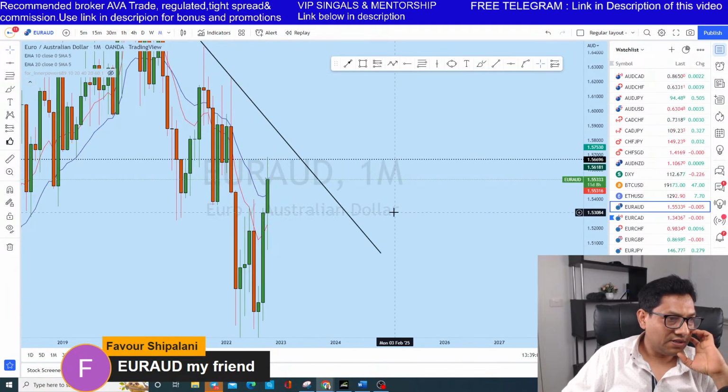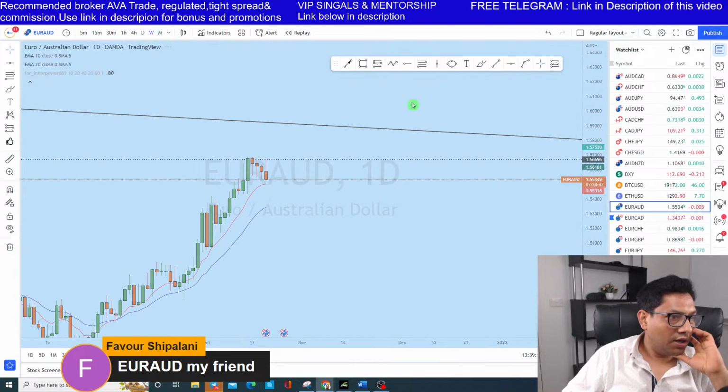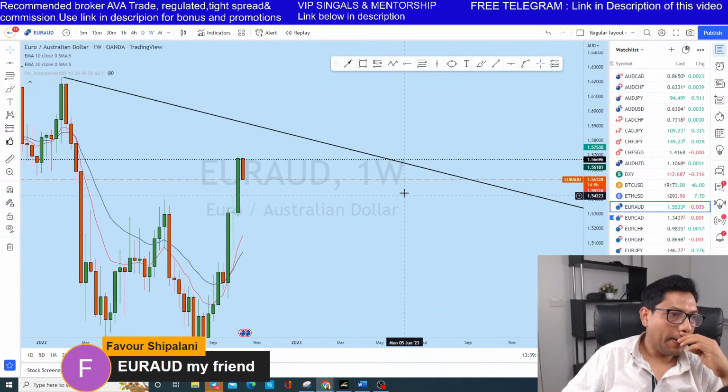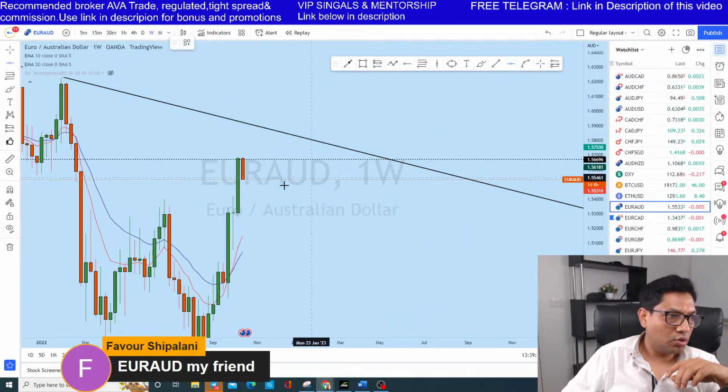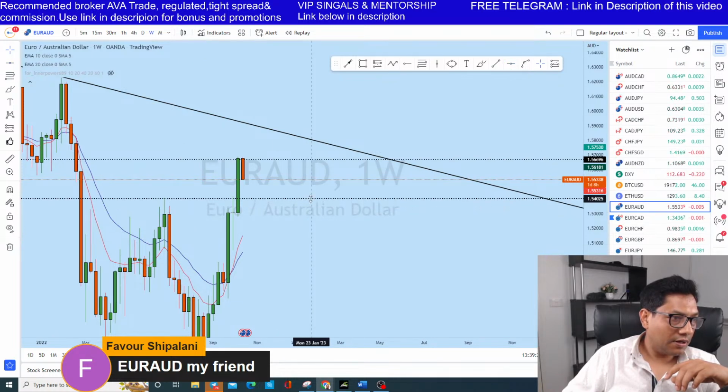We have seen strong rejection, but looking at the weekly, we might see Euro AUD coming back down to this level again. So I think that at least to this level.